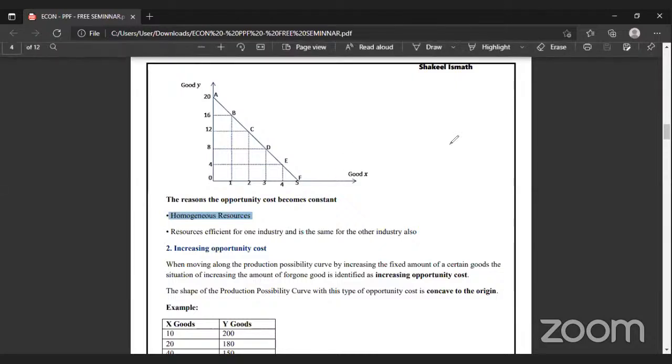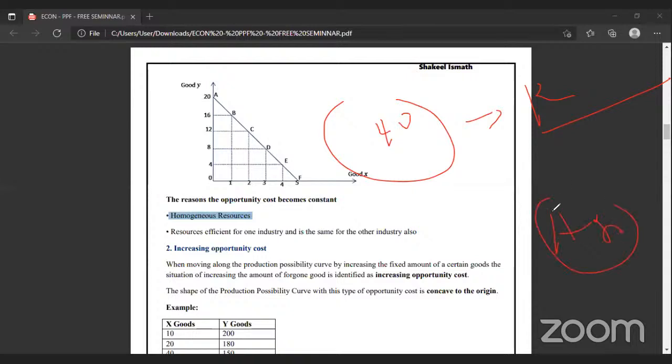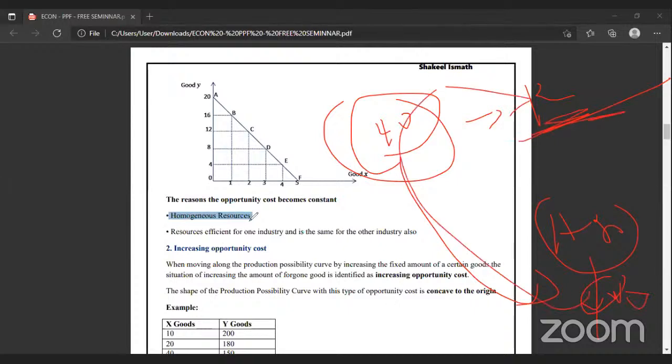For example, say 40 laborers are working in a robotic engineering factory. Now the company is going to shift from robotic engineering to agriculture. Can you be 100% sure that 40 engineers can do the agriculture? We can't say that. Or can you say that 40 agriculture farmers can produce in robotic engineering?